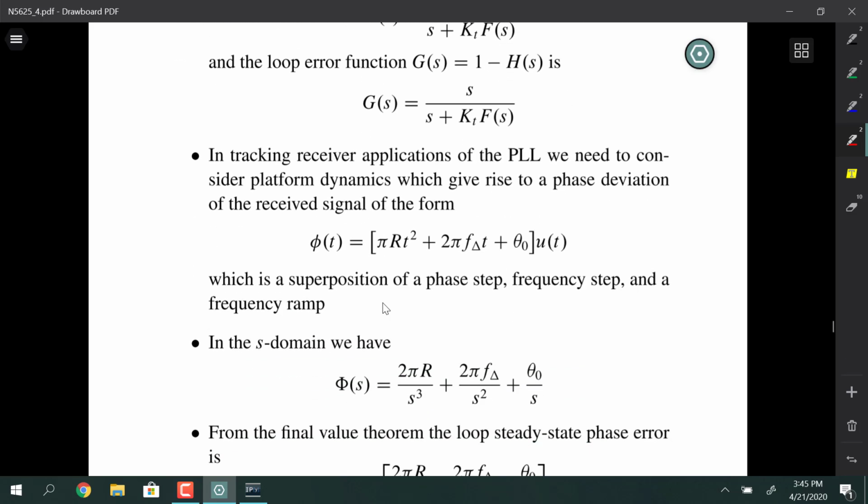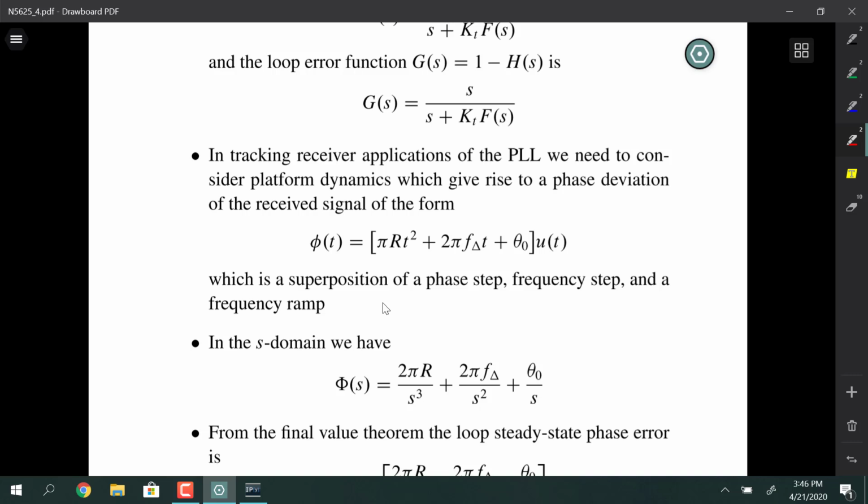If we were using a phase lock loop like they're used in SATCOM a lot, you've got a platform that's flying up in space, and that platform is in motion relative to the ground. So we have platform dynamics, and as the platform moves, we get phase deviation on the received signal that could be written out approximately as involving three terms.